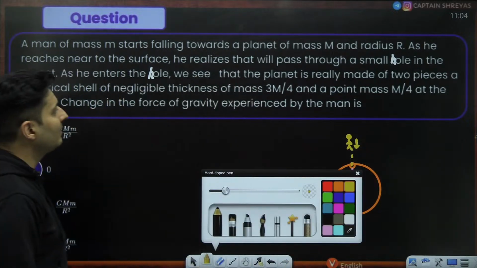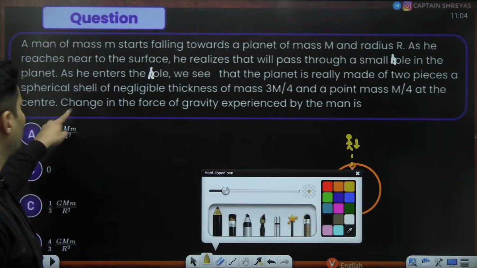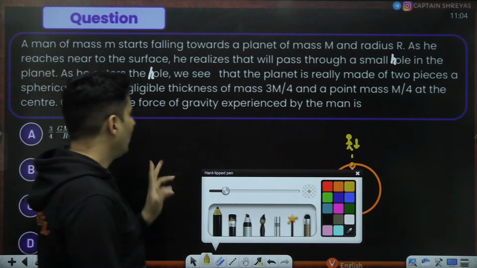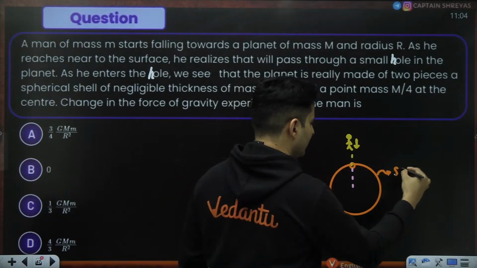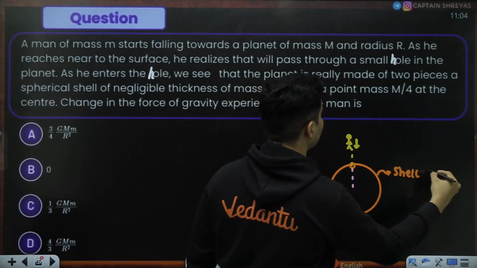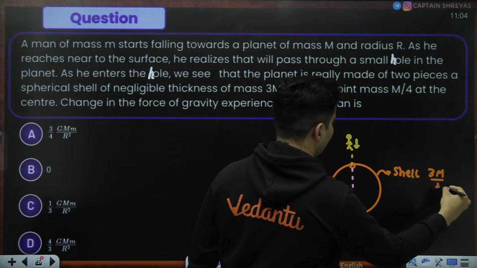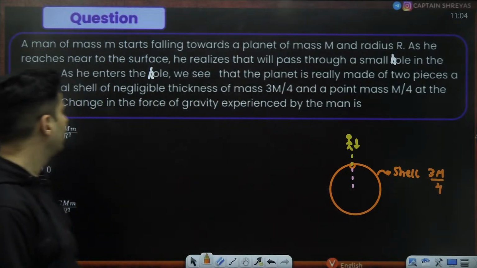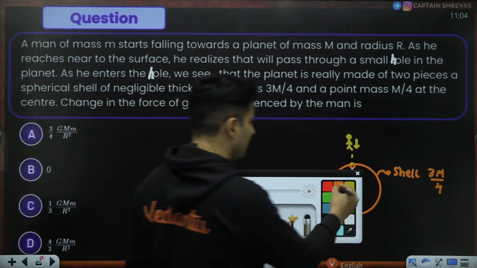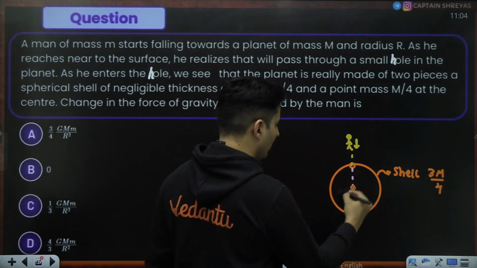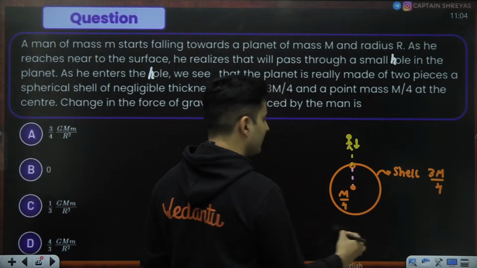Now what is happening? He sees that the planet is made of two pieces, a spherical shell of negligible thickness. That means the planet is like a shell whose mass is 3m by 4, and there is a point mass m by 4 at the center.